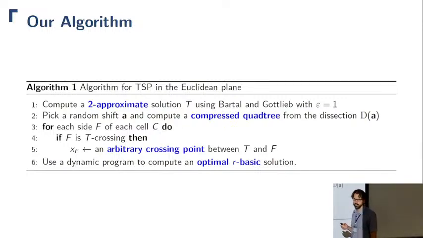That is, if we have some cell in the quadtree that is entered by our approximate tour T, there could be many crossings of some face used by our tour T, but we only save one of those. So we add one additional portal for each face if this face is used by our tour.